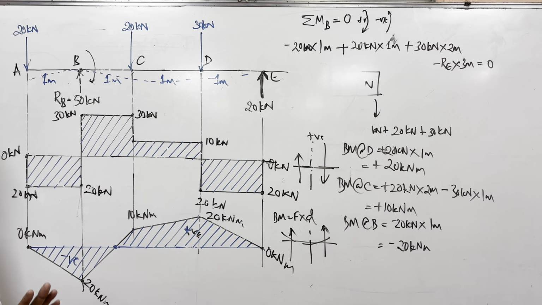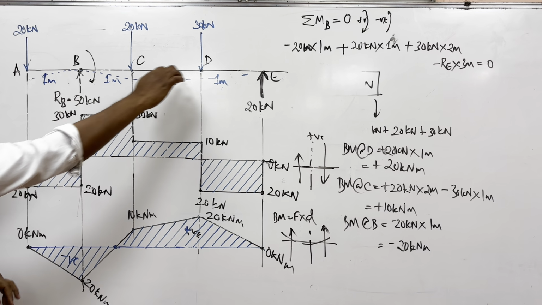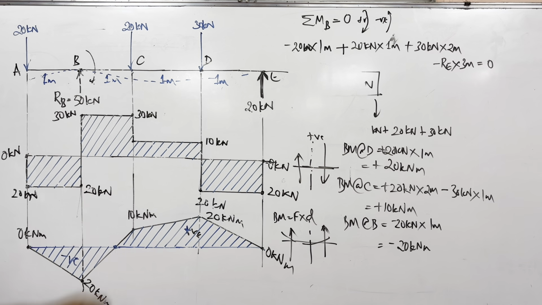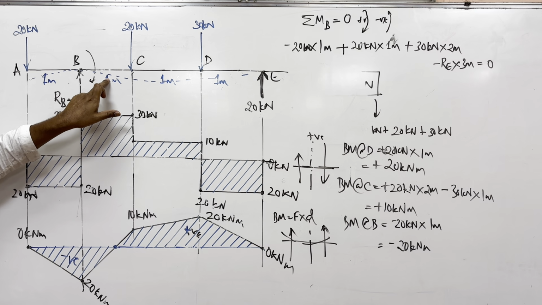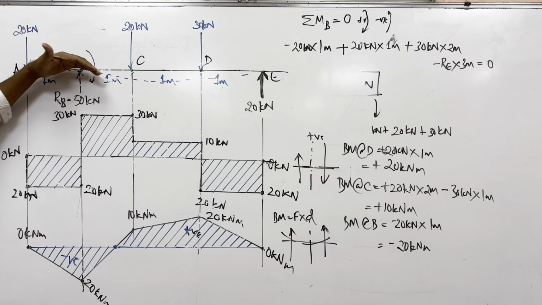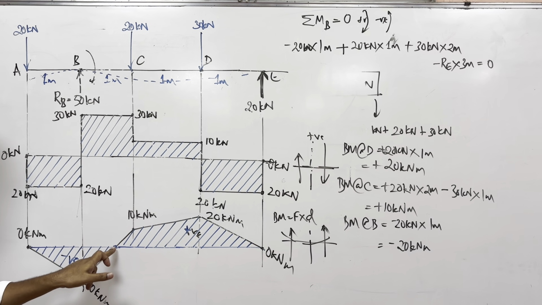But right now you just need to understand that it is a location where this beam is changing from sagging to hogging. You expected somewhere here that the beam will bend like this. From hogging, it will change to sagging. You're seeing it here.